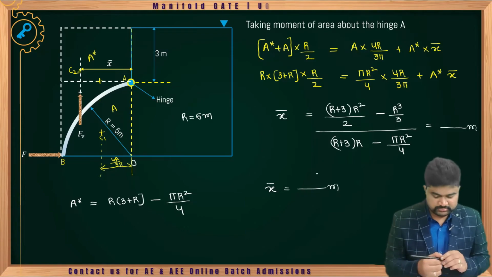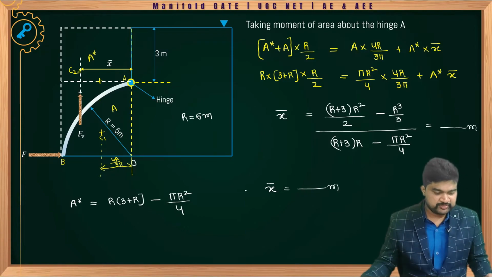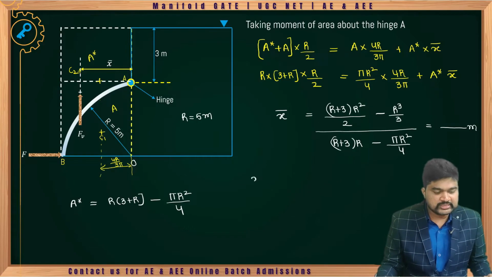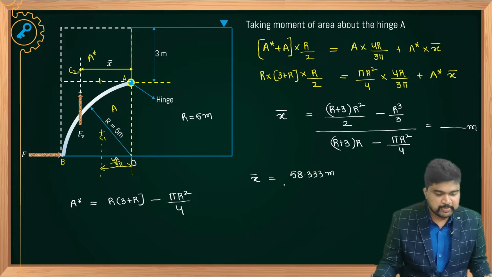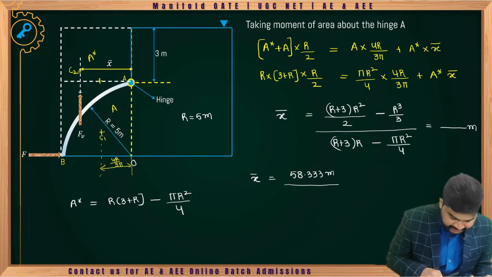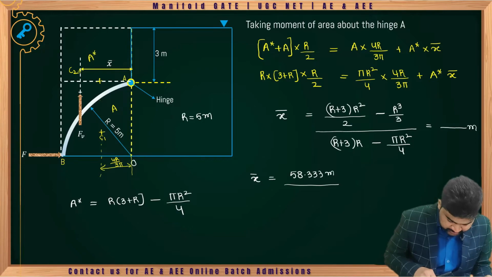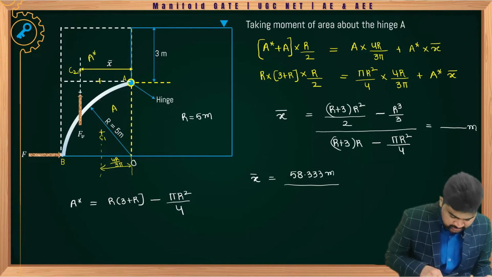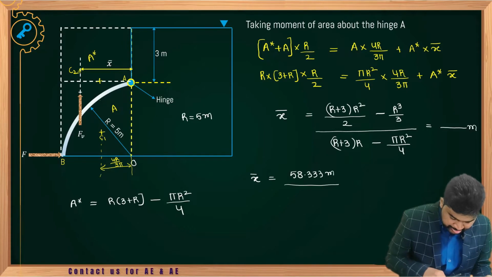58.33. That is the numerator. So x bar equals 58.33 meter cube divided by the denominator. How much are you getting? 8 into 5 minus pi 25 by 4.